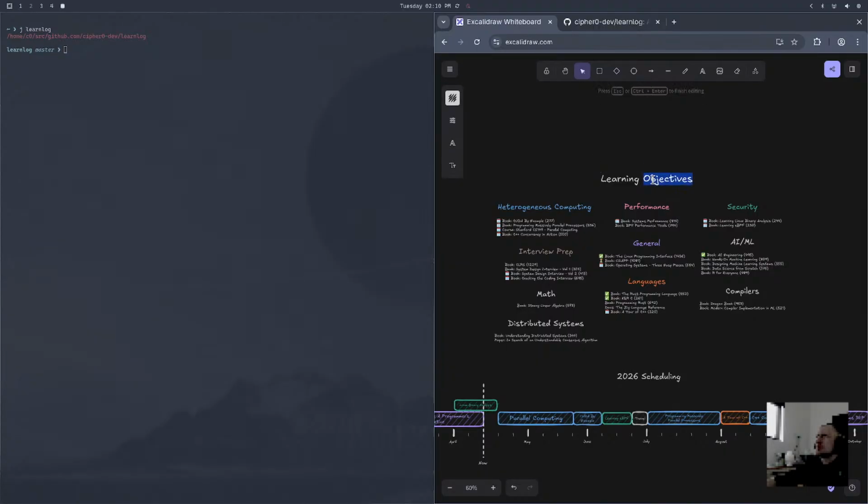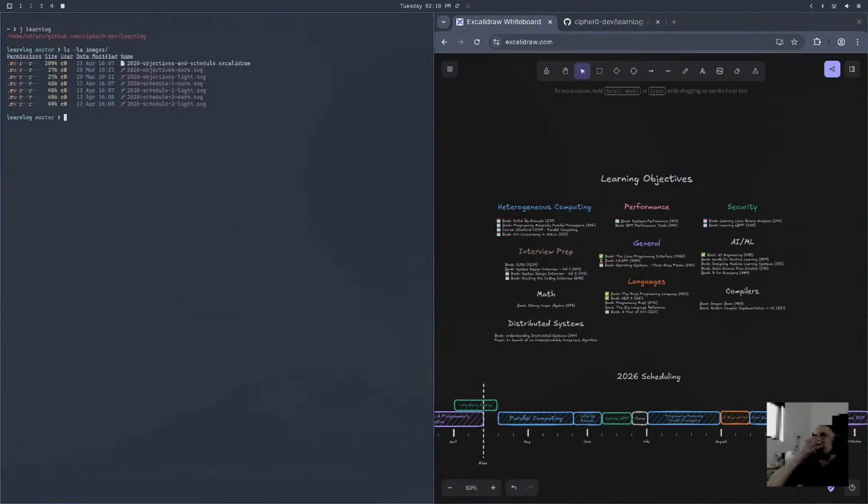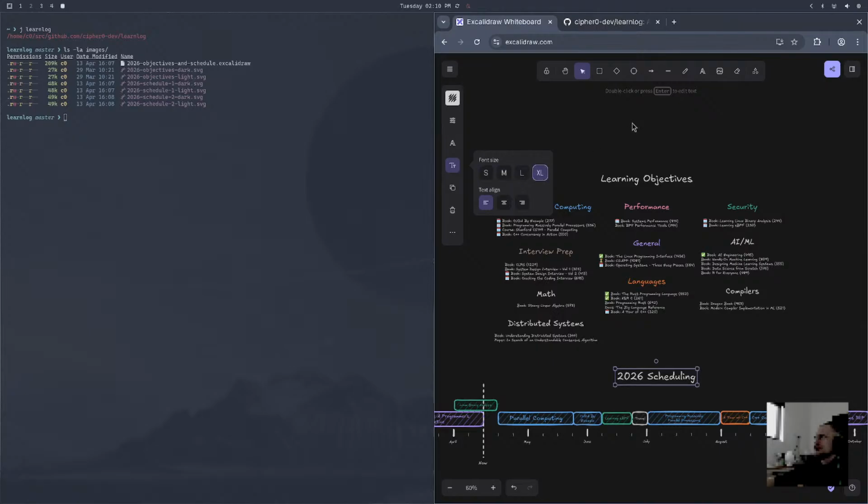I don't like this being called objectives. I guess it's fine. Let's bump this thing up too. We're gonna make that extra large and recenter it on July. There we go.